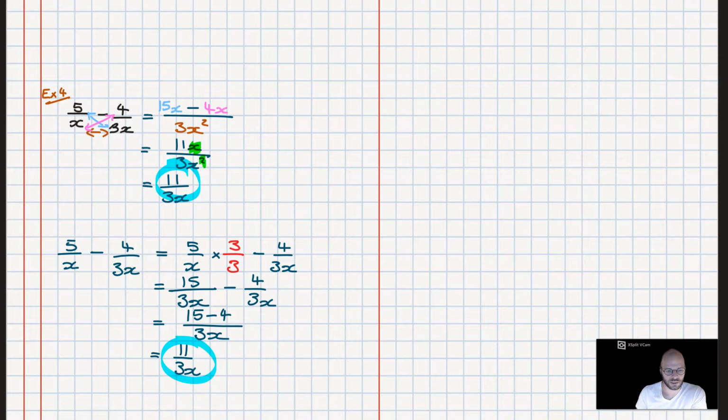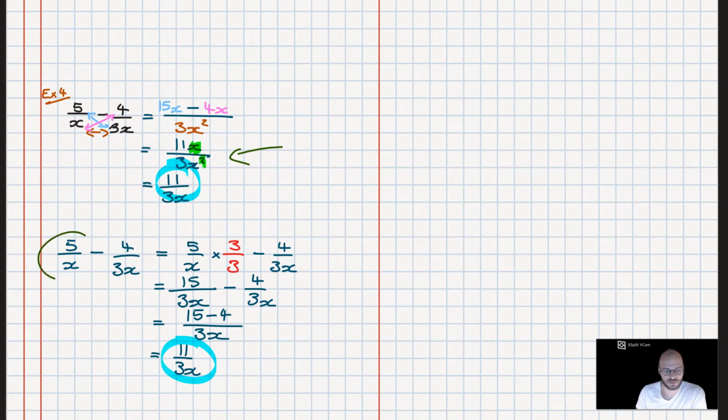Notice the difference between the two. In the first one we follow a general rule where we multiply the denominators together and then we cross multiply the numerator with each denominator, and that will get us to the final result, but we have to do a bit of simplification along the way. Whereas in the second example, our objective is simply to have a common denominator.